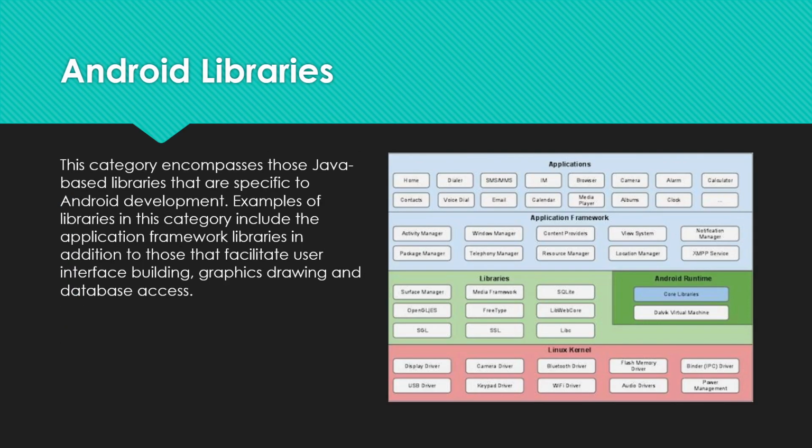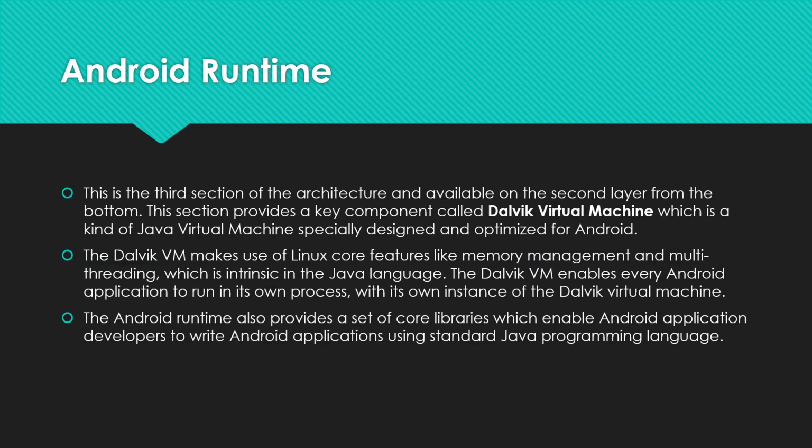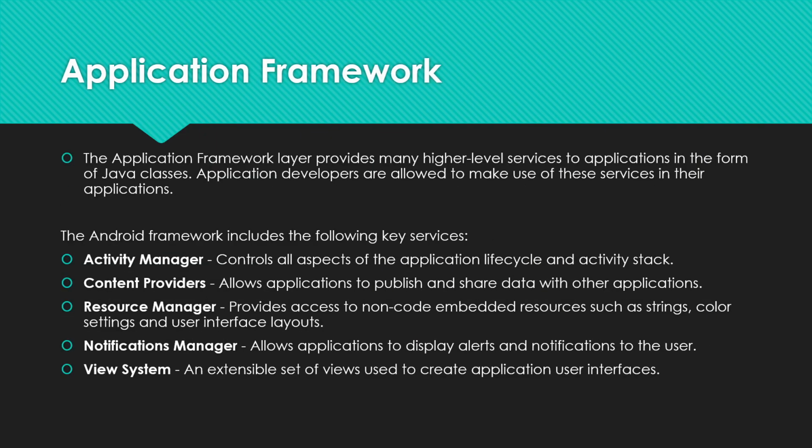You can see the activity manager, mostly managers, because these are the layers for services, meaning whatever the user interacts with gets passed here. This handles it. So the application framework holds the services.